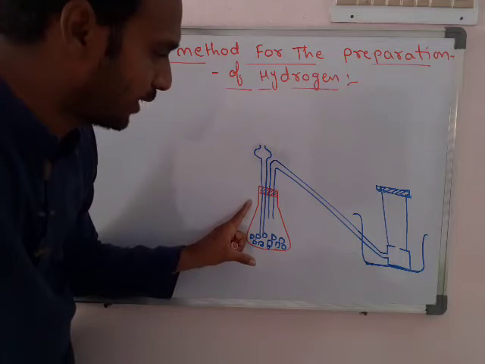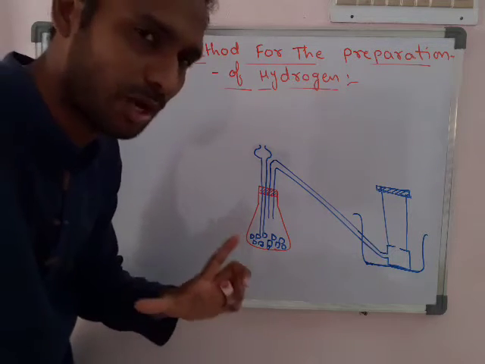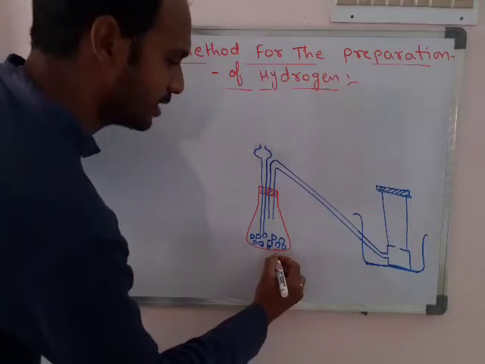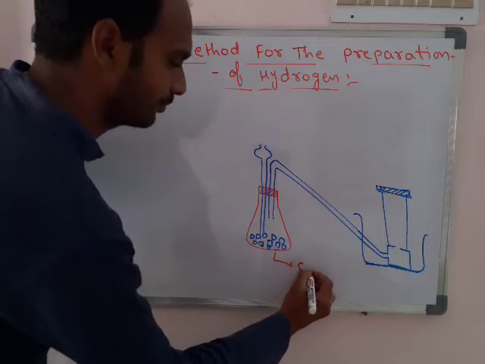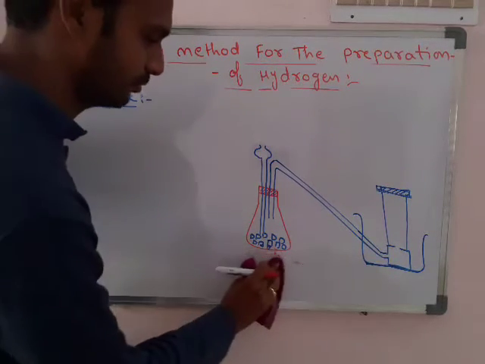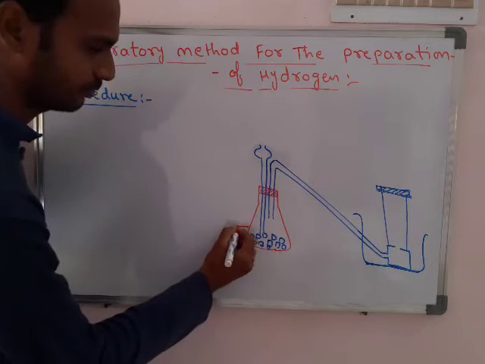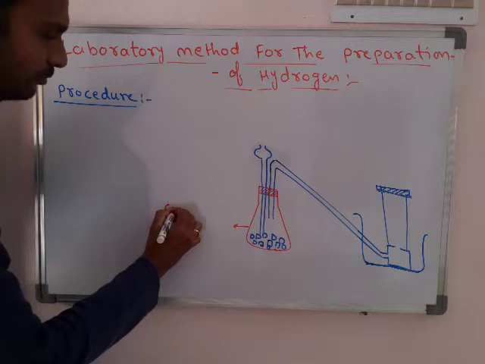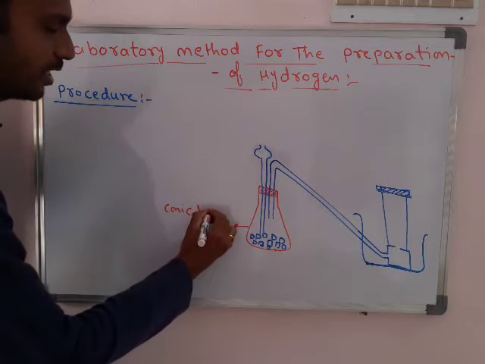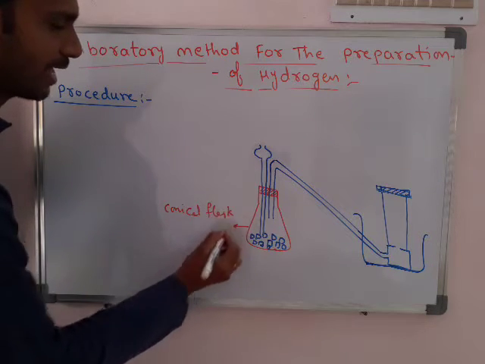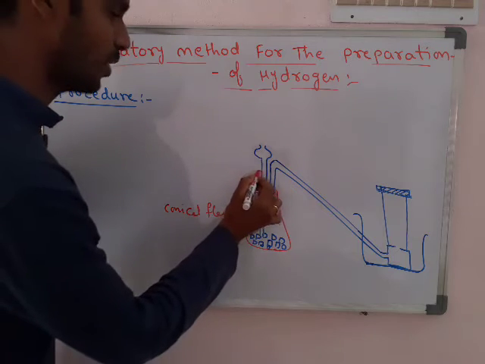So this is the conical flask. So first I discuss about the apparatus. Okay, this is a conical flask. Next, what about this?